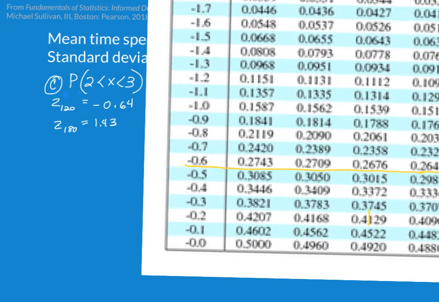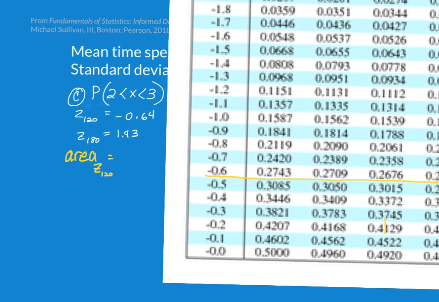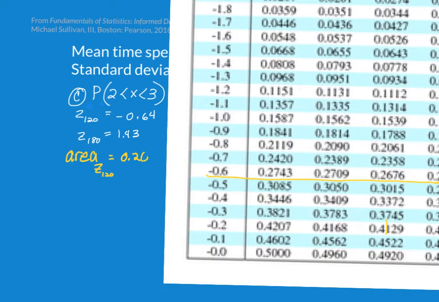Okay, so the area for the z-score of 120 is, what did I say it was? 0.2611. And now we need to find the area for the z-score of 180. But that z-score is positive. It's not going to be on this chart. I need to get the other half of the chart.